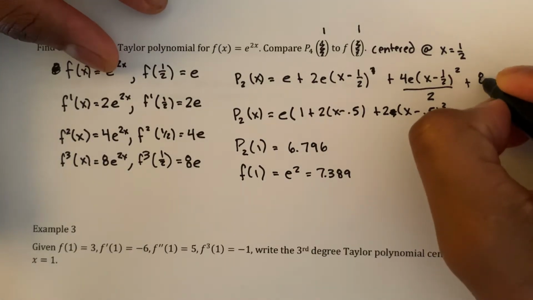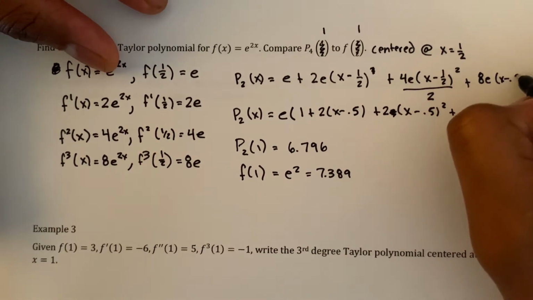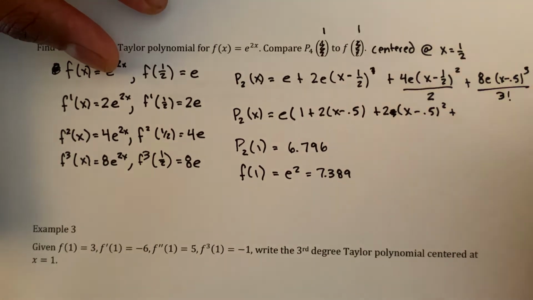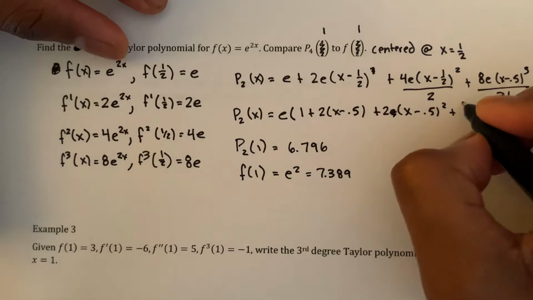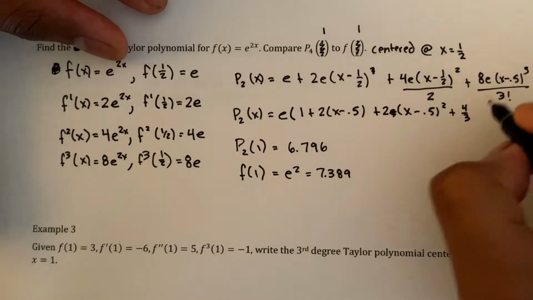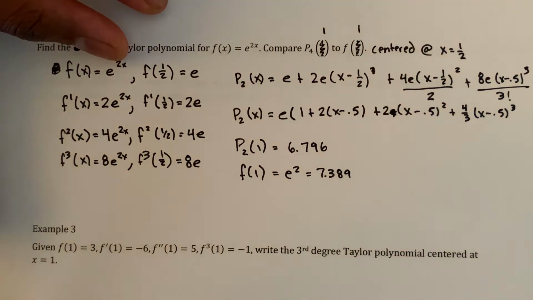So plus 8e times x minus a half to the third power over 3 factorial. So 3 factorial is 6. So that's going to reduce to be 4/3. So over here we'll have plus 4/3 times x minus a half cubed.